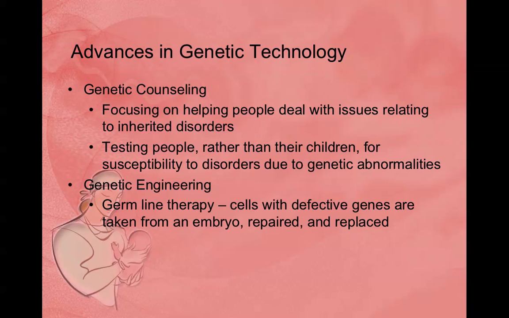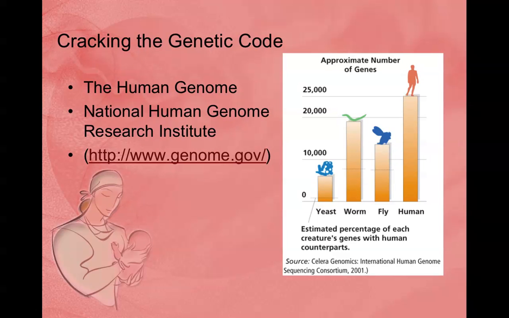Recent advances in genetic technology have also occurred, raising questions about their benefits, costs, and ethics. For more information on available genetic counseling and testing, see the National Human Genome Research Institute website.